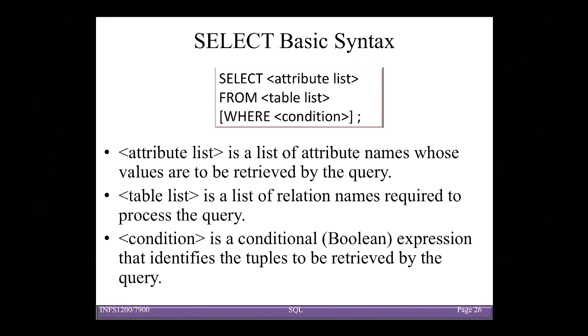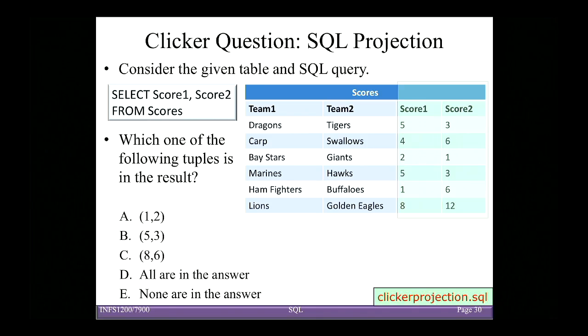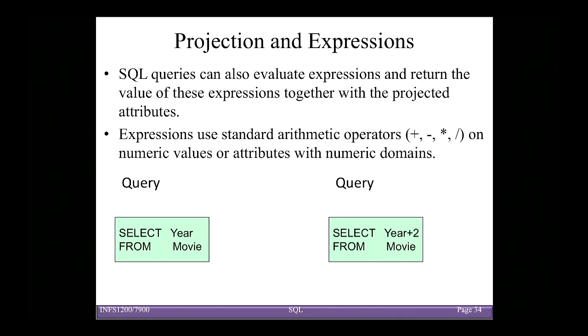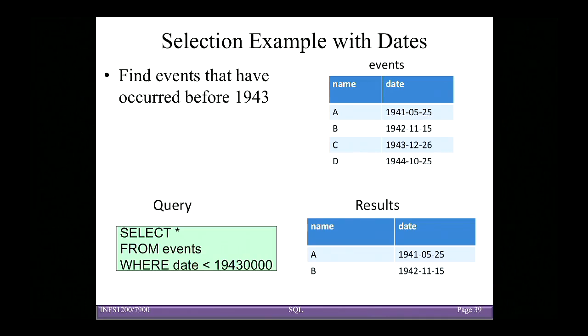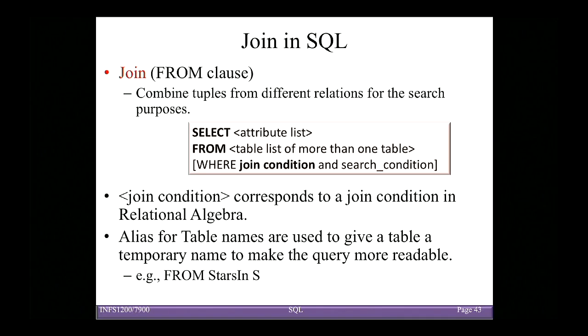In our basic SQL select, we have select from where, and this is our go-to for basic SQL queries. We talked about some selection and projection examples. We talked about distinction and how you can add distinct to get rid of duplications. We talked about things that need selection and projection at the same time.